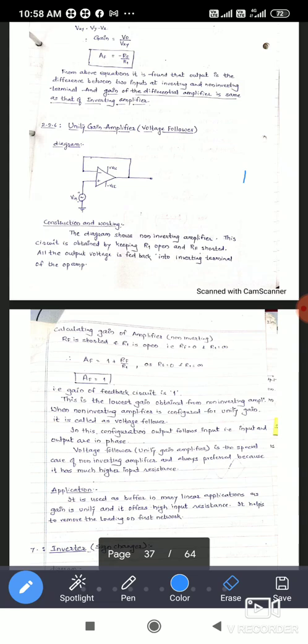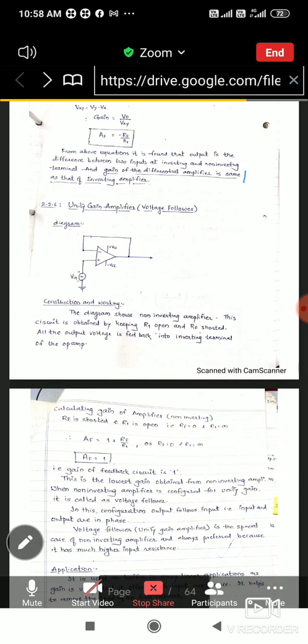So the voltage follower is a special case of the non-inverting amplifier and it is always preferred because it has higher input resistance. Another advantage of the voltage follower circuit is that even though we get the same output as the input, the input resistance is very high in this case.